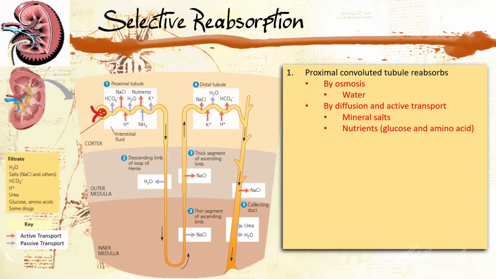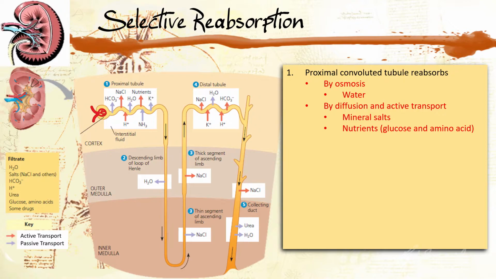Water will be absorbed back by osmosis. Mineral salts as well as nutrients such as glucose and amino acids, because they are essential and important to us, are also reabsorbed back either by diffusion or by active transport.